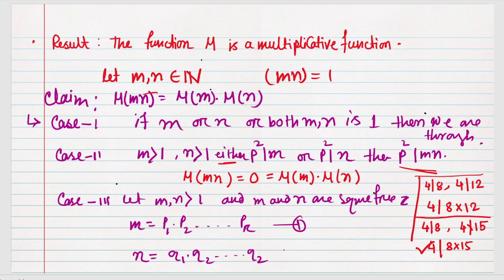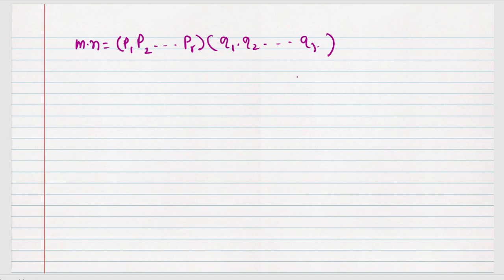So if we find the product of both of these, we will have m times n equals p1 p2 up to pr, and another one q1 q2 up to qs. That means we can write that no pi equals any qj, because we are taking that m and n are square free.